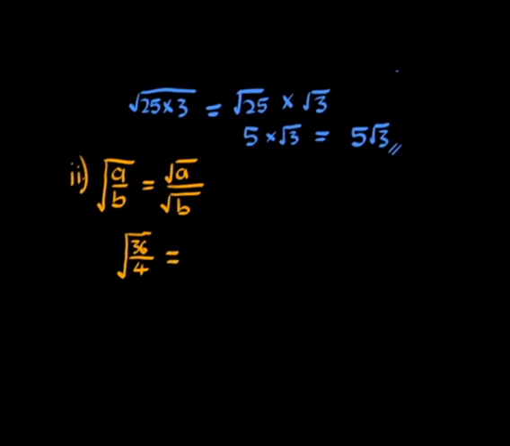What you do in this form is that you give each of them an individual root, so you have root 36 divided by root 4. Notice now that the root of 36 would give us 6, and the root of 4 will give us 2, and in the aftermath, 6 divided by 2 is 3. So our final answer would be 3.